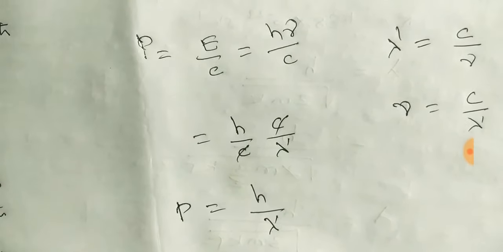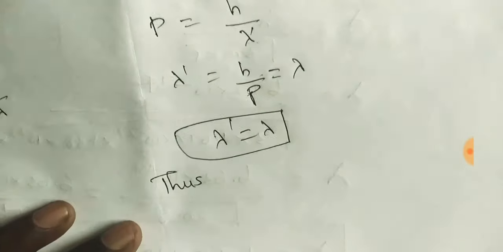Now rearrange this equation, children. Lambda dash equal to h divided by p. What is h divided by p? It's nothing but lambda. Then we prove that lambda dash equals lambda.